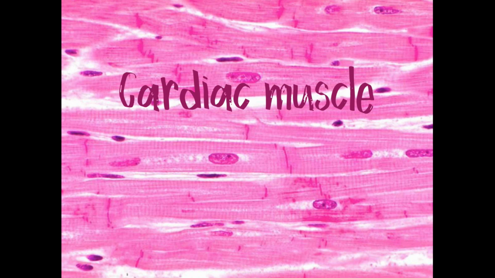And that nucleus is also usually surrounded by a white space that has glycogen surrounding it. Glycogen is a sugar storage, and again, consider how many times a heart beats per minute, per day, per week, per year. The heart requires a lot of glucose, so it has a really good amount of glycogen storage there for energy.